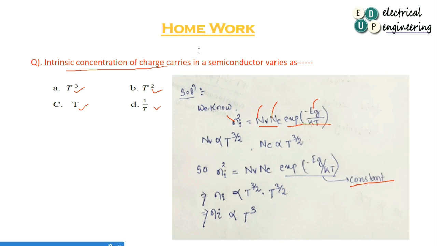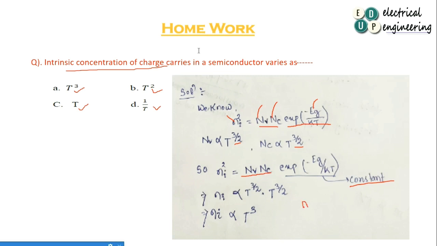But we know that Nv is directly proportional to temperature to the power 3 by 2, and Nc is also directly proportional to temperature to the power 3 by 2. So I can write Ni is directly proportional to temperature to the power 3 by 2 into temperature to the power 3 by 2, in place of Nv into Nc.